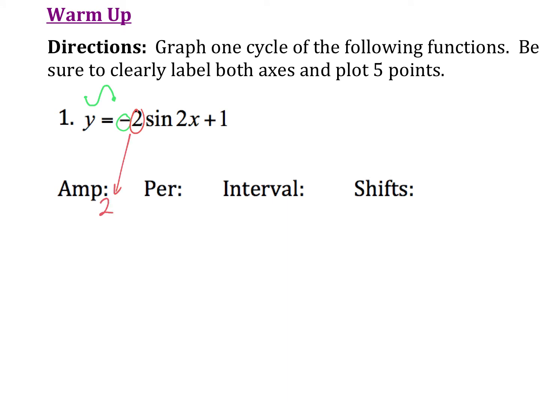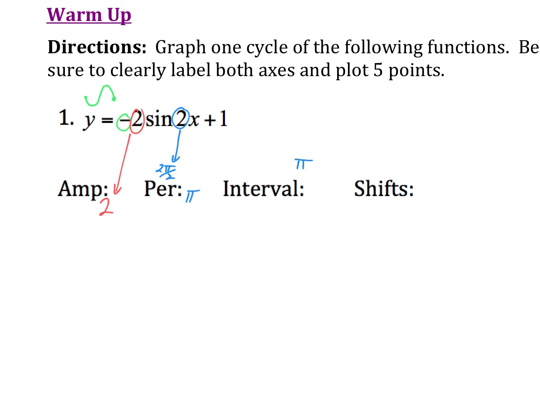My period comes from the b value, so I'll take 2 pi divided by the b value to get the period. In that case, it's going to be pi. The interval is going to be whatever the period value was divided by 4, because we chop our x-axis into fourths.